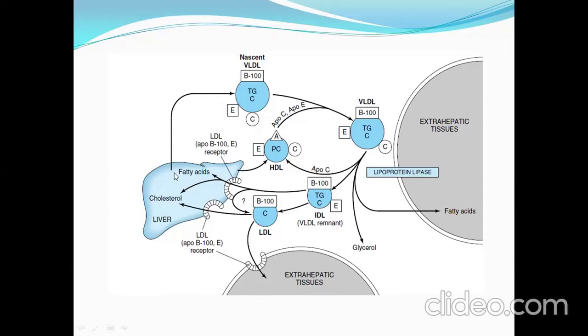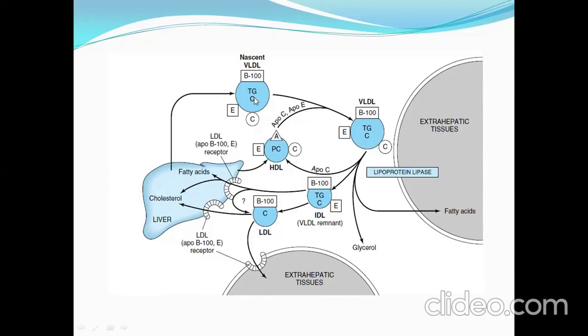So from the liver, nascent VLDL is synthesized. The nascent VLDL has apoprotein B100, apoprotein E, and apoprotein C. The lipids are triglycerides and cholesterol.